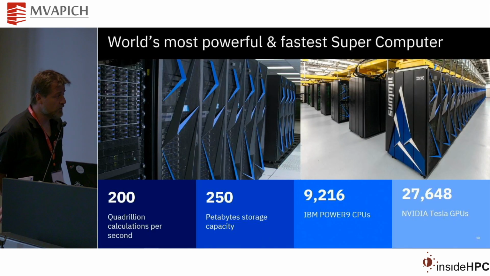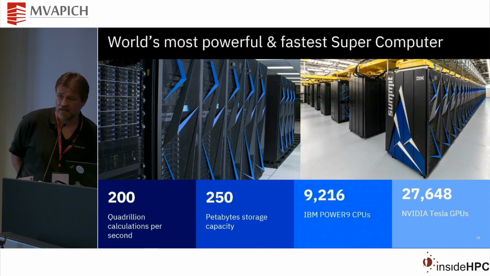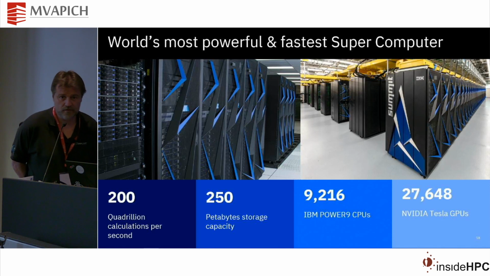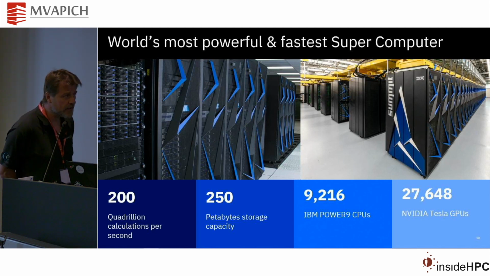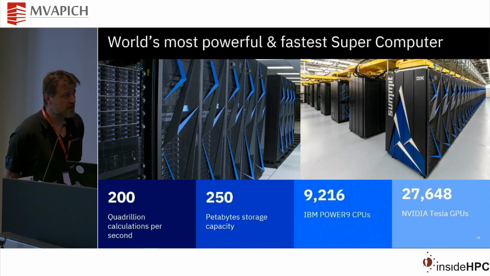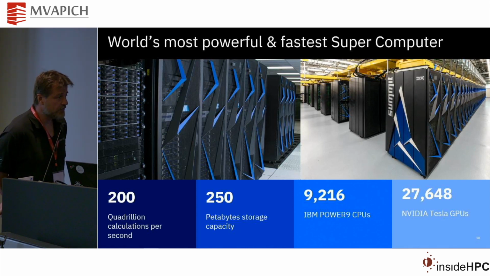Of course, most of you know that Summit-like computers are huge clusters assembling many Power 9 servers and grouped by 2. So a server is getting 2 Power 9. Each Power 9 is hooked up to 3 GPUs. So that makes a very huge number of GPUs available, almost 30,000.